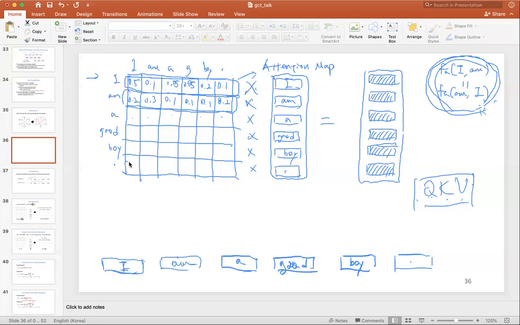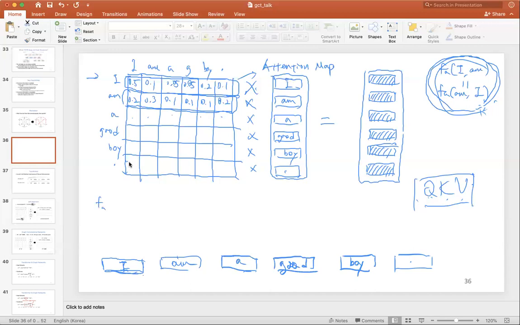When you're calculating the attention strength coming out of I only, let's take turns: we start with I, then go to M, go to A, good boy, done. Now we're at I, and I is trying to determine the attention strength, or the percentages, that should be distributed throughout all the tokens, including itself.